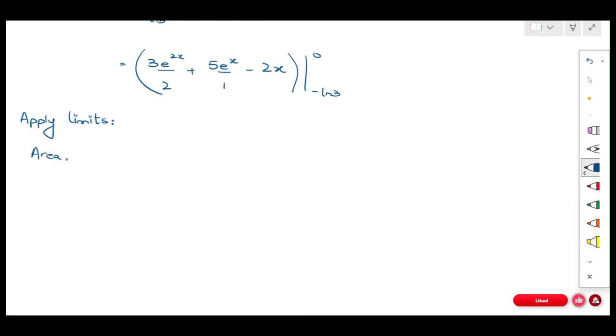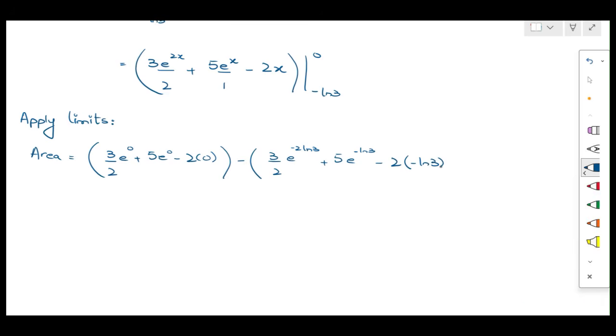So here the area, applying the upper limit: 3 by 2 e to the power 0 plus 5 e to the power 0 minus 2 into 0. This is my upper limit. Subtract the lower limit: 3 by 2 e to the power 2 times minus ln 3, plus 5 e to the power minus ln 3, and minus 2 into minus natural log of 3.